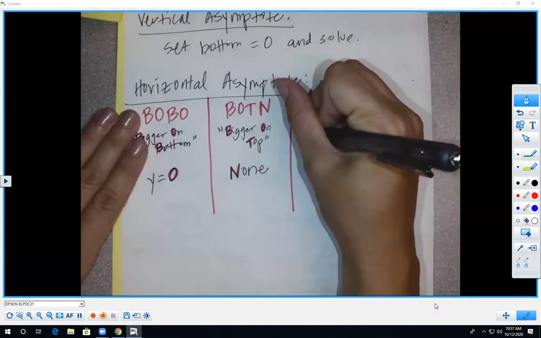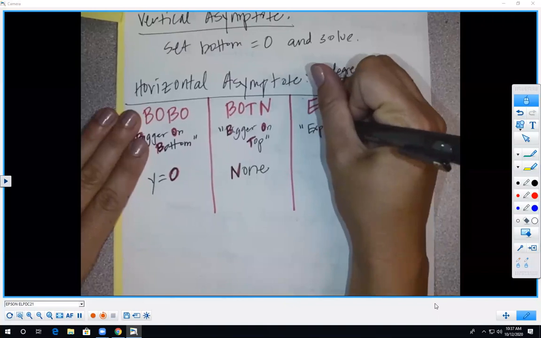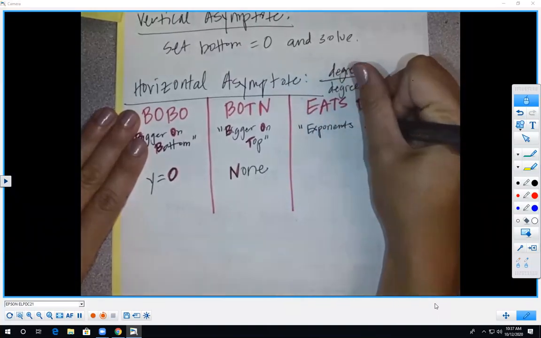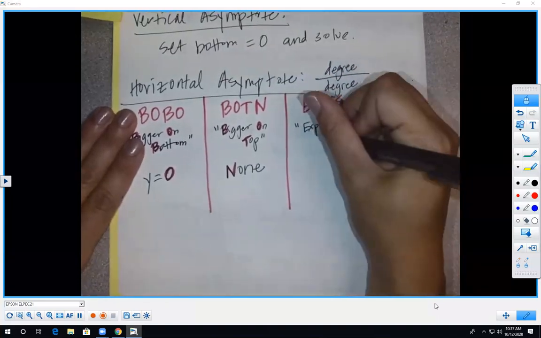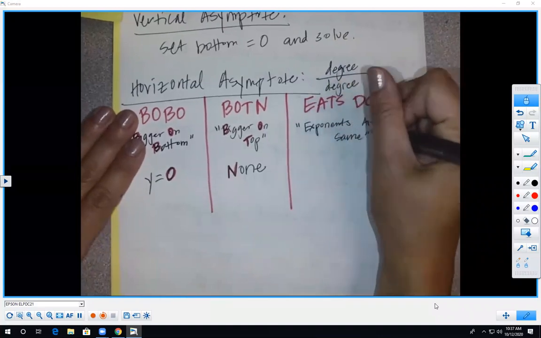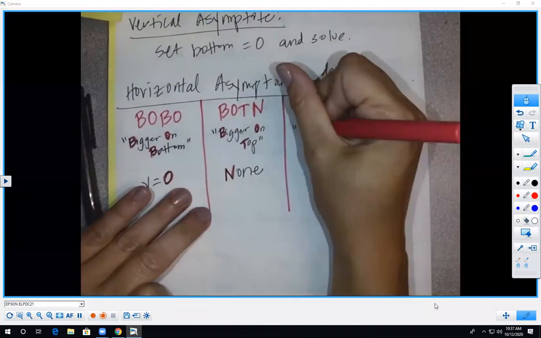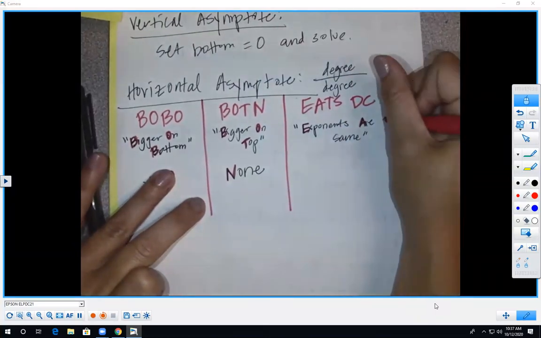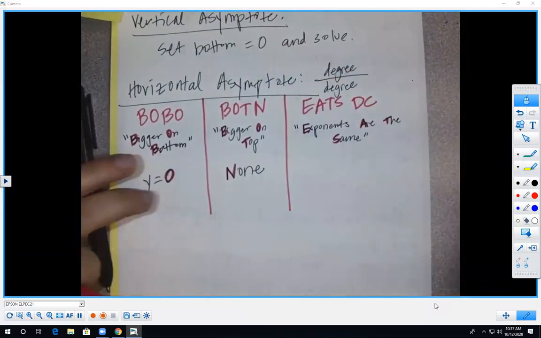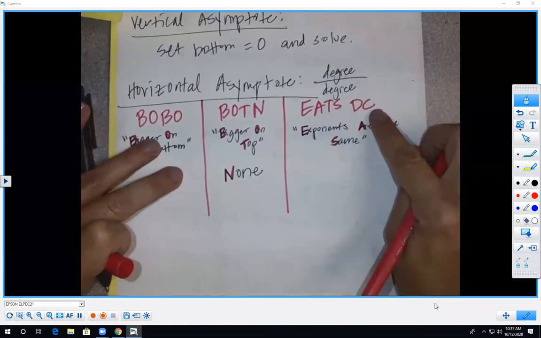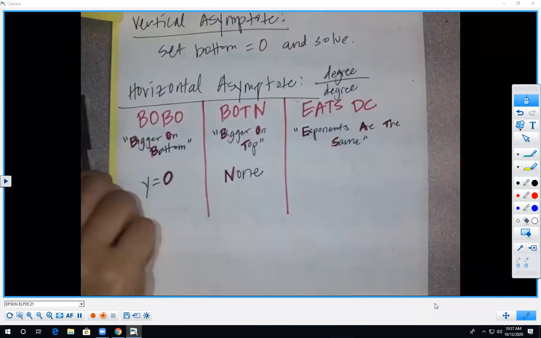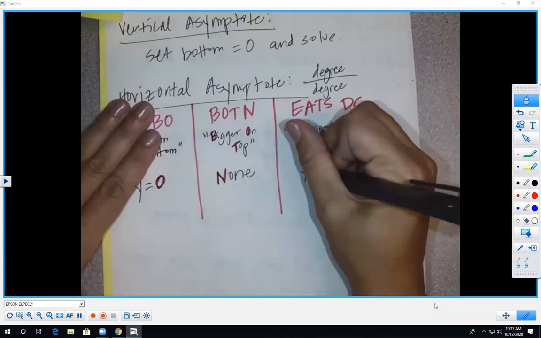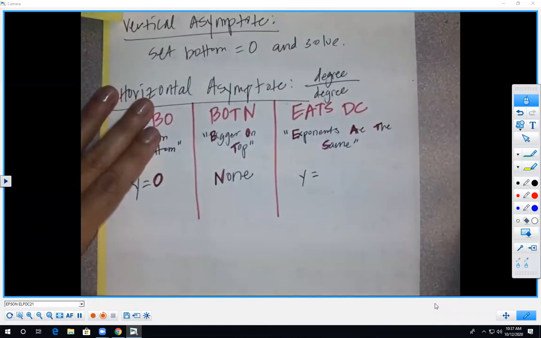Okay, so this is exponents are the same. That's the eats part. The DC tells you what your answer is. It's y equals, you divide your leading coefficients.